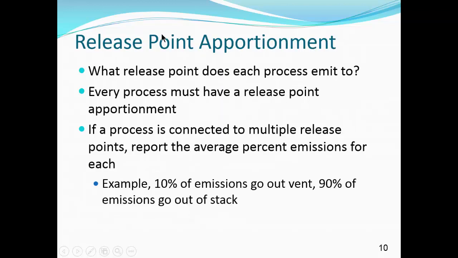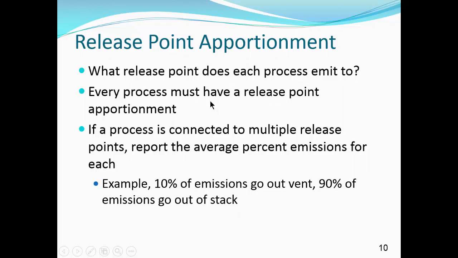Release point apportionment. So this is that proportion. For example, if you have multiple processes, what release point does each process emit to? Because you're probably going to have fugitive plus a stack, for example. And then sometimes you're just going to have to estimate, okay, 10% fugitive, 90% stack. Hopefully the point source has already estimated that.